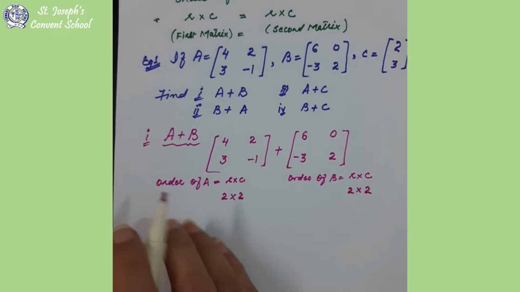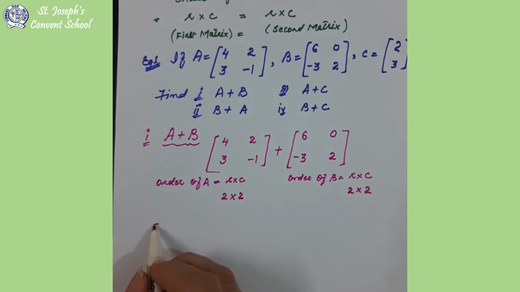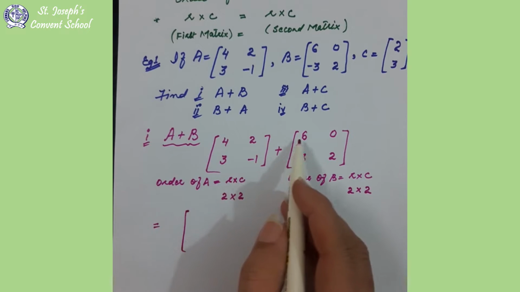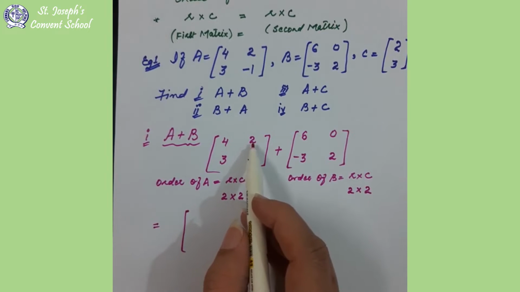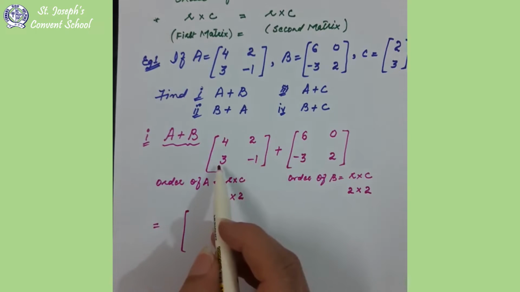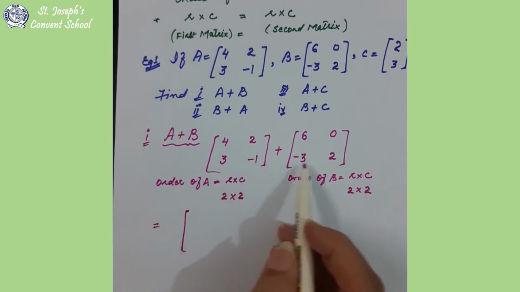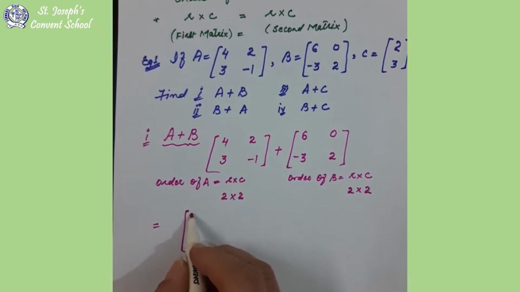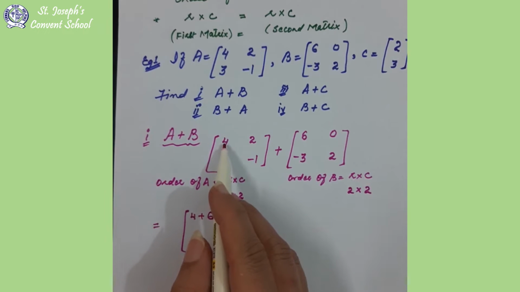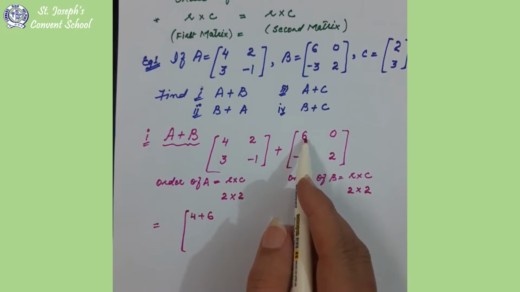Now how to add the matrices? We will add first element plus first element, second plus second, third plus third, and fourth plus fourth. 4 plus 6, first element of the first matrix plus first element of the second matrix.